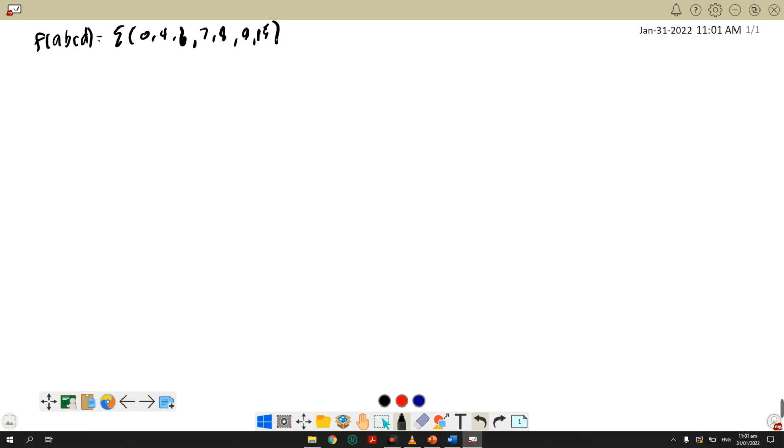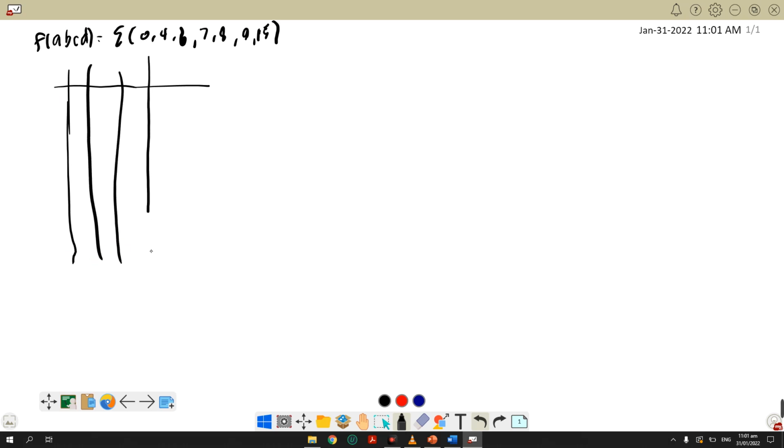So as a beginner, you need to first translate it into a truth table. So we have four inputs.